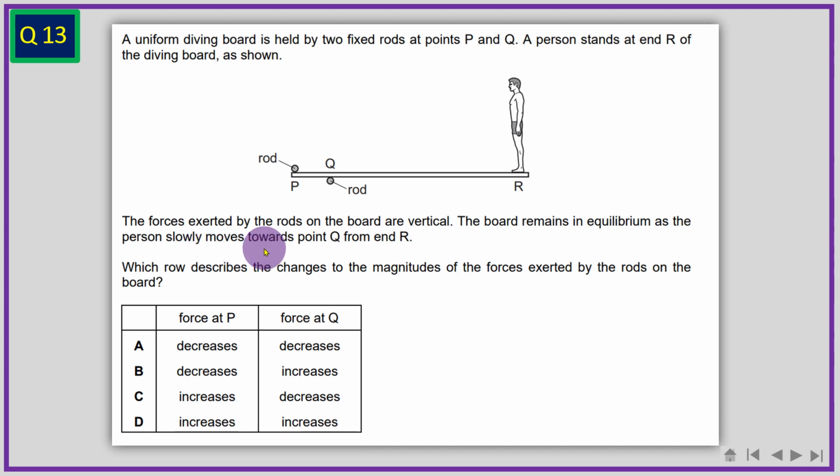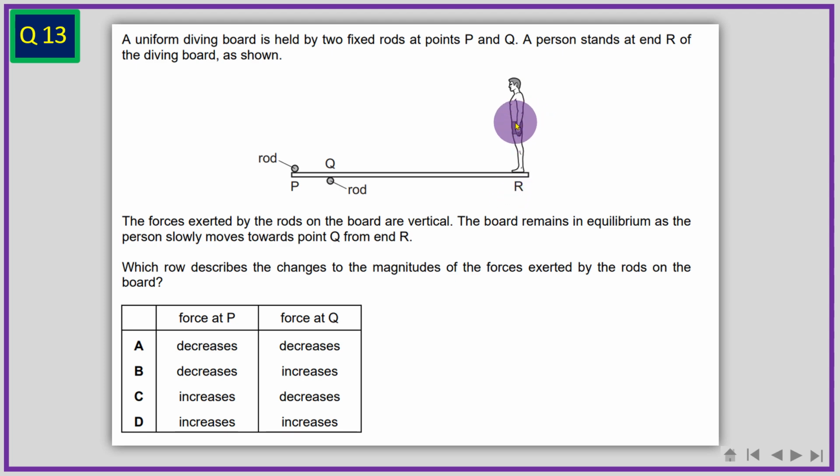The forces exerted by the rods on the board, for example, this rod exerts a force upwards on this board. This stop or rod exerts a force downwards on this board. So you must know their directions. The board remains in equilibrium as the person slowly moves towards point Q from end R.